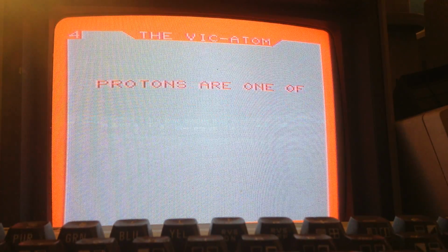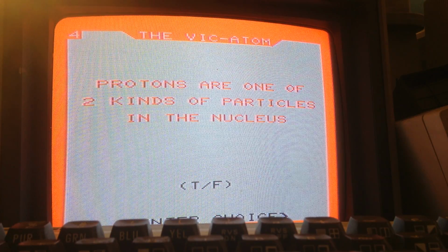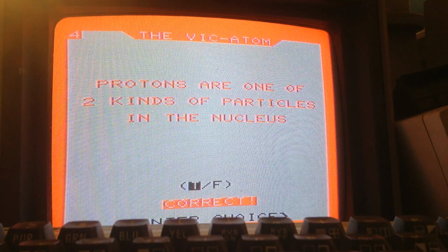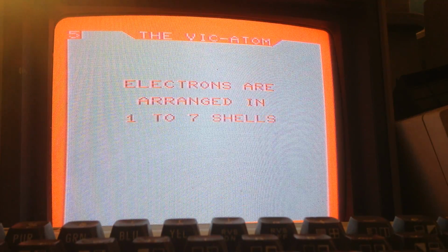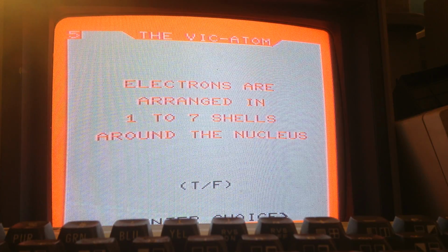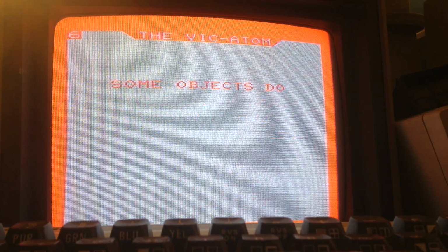Oops. Protons are one of two kinds of particles in the nucleus. True! Electrons are arranged in 1 to 7 shells around the nucleus. Okay. True. Yay. We're doing better.